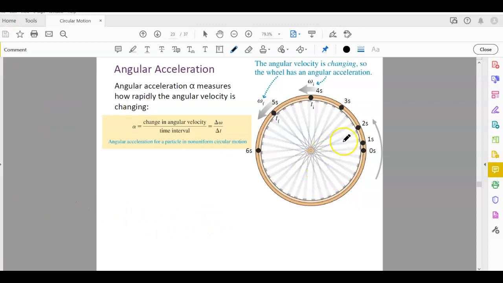So translational motion wise, the dots, these two dots, this distance together, I'm going to try to draw this. So if this were the center of the wheel, 0 seconds would be right here. And then I'm going to try to get this distance matched right there. And that's 1 second.